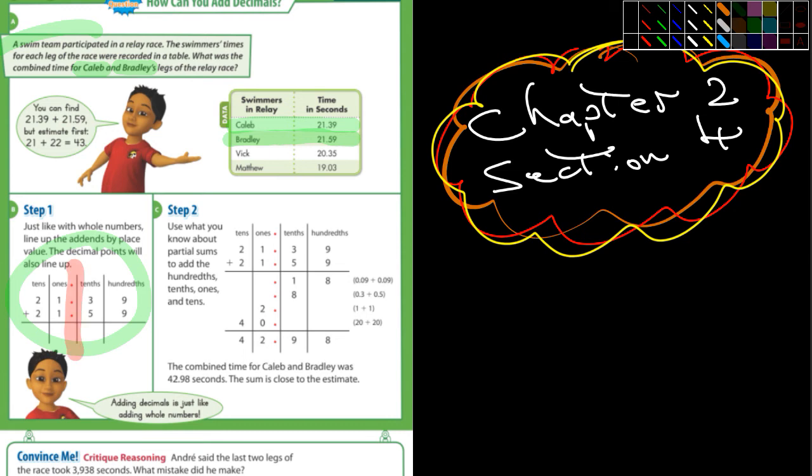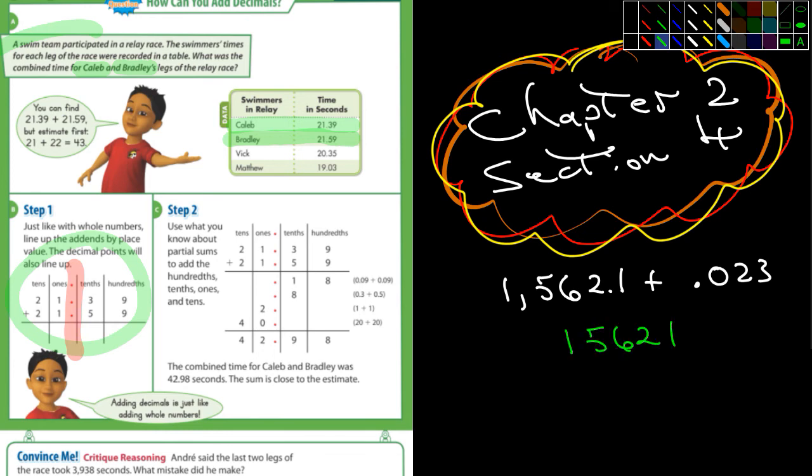Just to give you a quick example, if I had 1,562.1, and I was adding 0.023 to that, then I would write it like this.